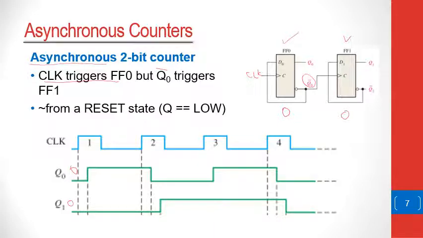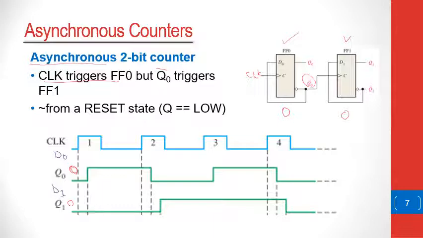Now, what will happen is that the input of flip-flop 0, that is D0, and then D1.